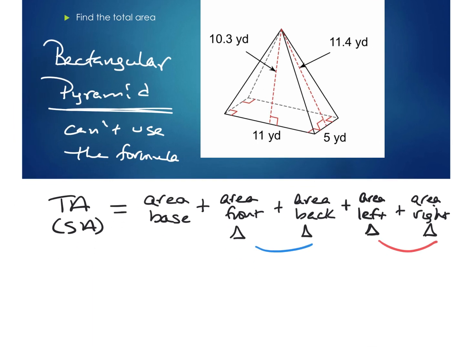So for my total area, the base shape is that rectangle, and the formula for area of a rectangle is base times height, so 11 times 5. My front triangle is here, so I'm going to do that for both the front and the back. So the area is going to be 1/2, 11 times 10.3.